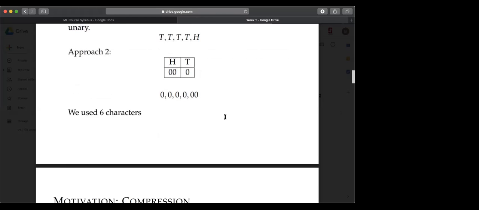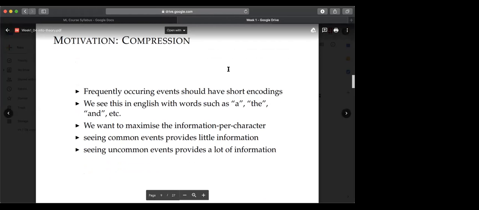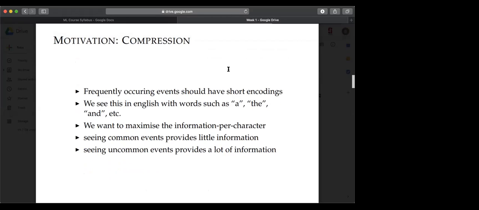Cool. So what they're saying here is basically that you would want your frequently occurring events to have the smallest encoding representations possible, mainly because they happen at high frequencies. Otherwise you would be increasing the number of bits it takes to represent all of your data by not having the smallest possible encoding for very frequent events.